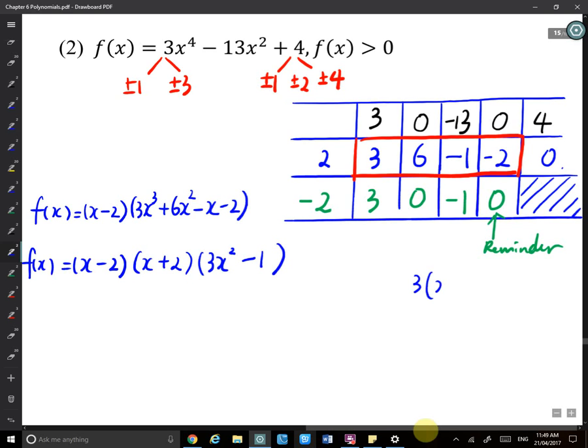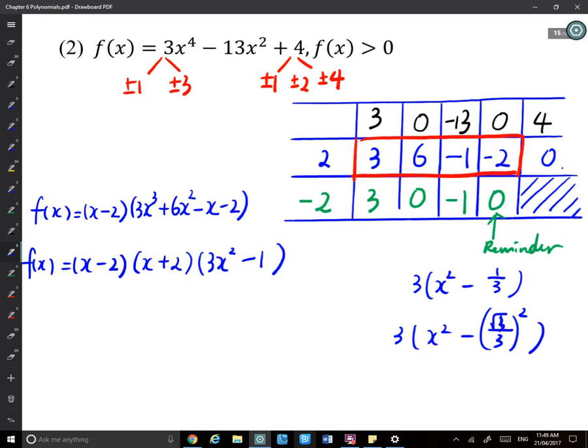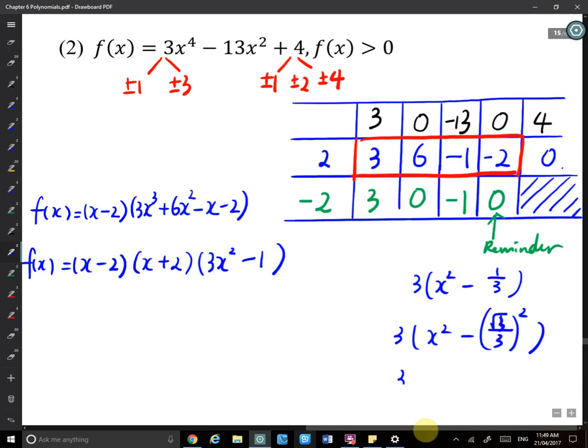Then 3x squared minus 1 is 3 times (x squared minus 1 on 3), and that's 3 times (x squared minus (root 3 over 3) squared). Okay, 1 on root 3 is root 3 over 3 after you've rationalized the denominator. And you have 3 times (x plus root 3 over 3) and (x minus root 3 over 3).